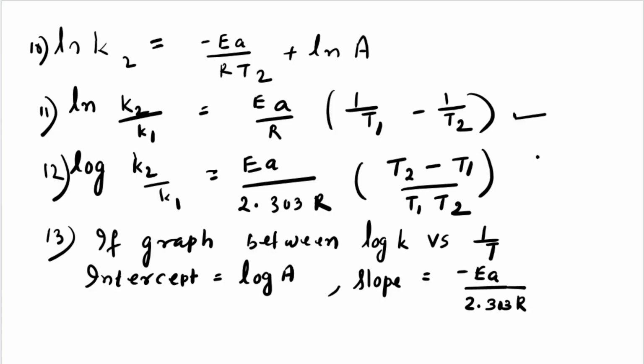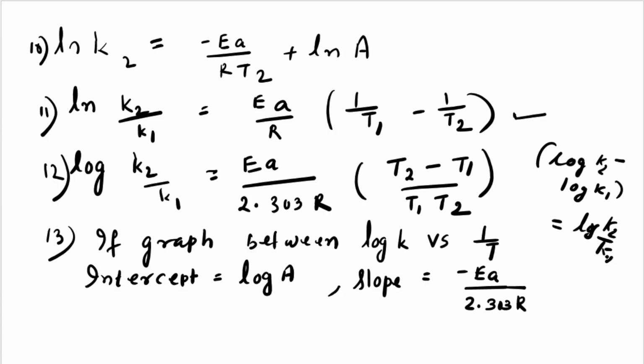That means log K2 minus log K1, which equals T2 minus T1 by T1 T2 multiplied by Ea by 2.303 R. That means log K2 by K1 equals Ea by 2.303 R multiplied by T2 minus T1 divided by T1 T2.